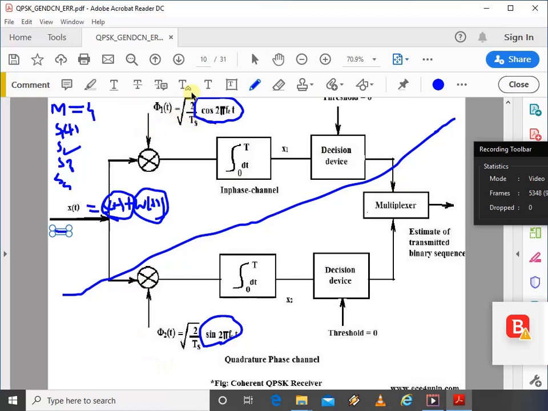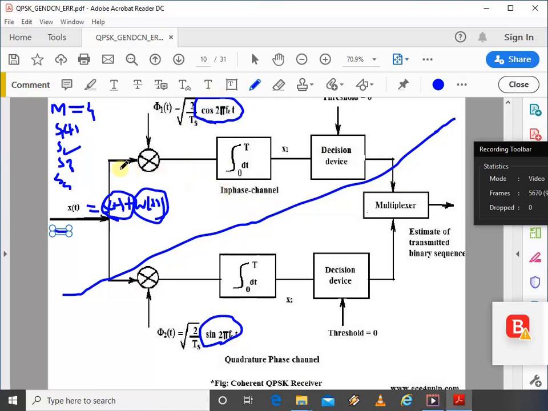These orthonormal basis functions phi1 and phi2 require the phase reference of the basis functions phi1 and phi2 used at the transmitter. Usually the local carrier in the receiver requires the phase reference of the transmitter carrier. Then only we call it synchronous modulation, synchronous transmission, and then only it is called coherent modulation.